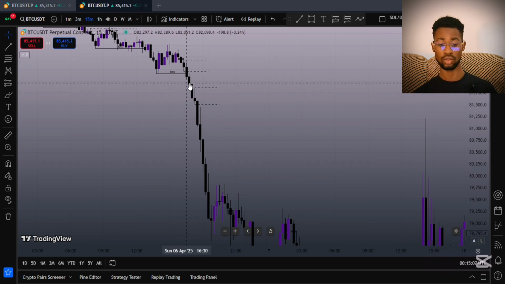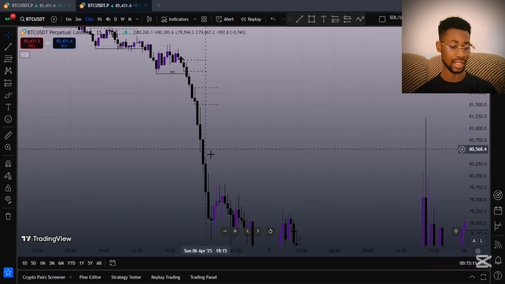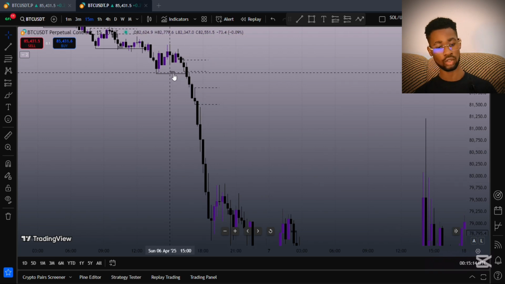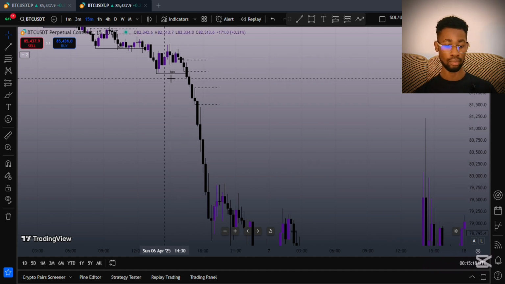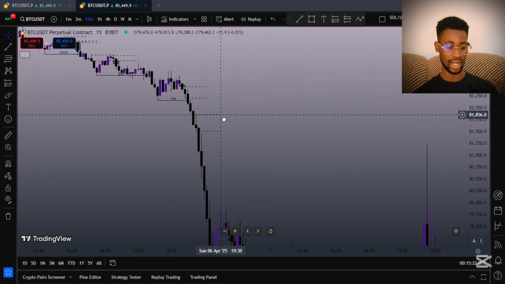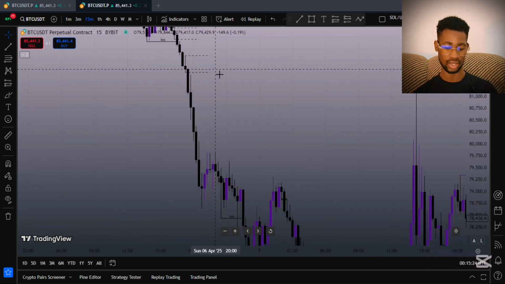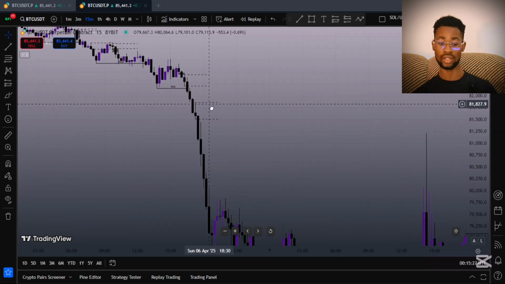This is one, so that checks the first criteria. The second criteria is you want to make sure that the move breaks structure. As we can see, this downward trend broke structure, which makes it two. So it's quite valid that price is supposed to respect this region when it comes back to it.